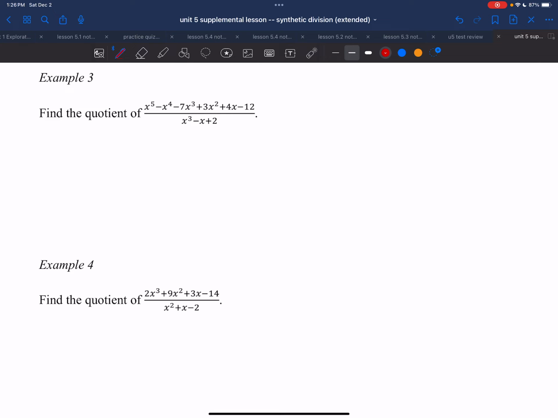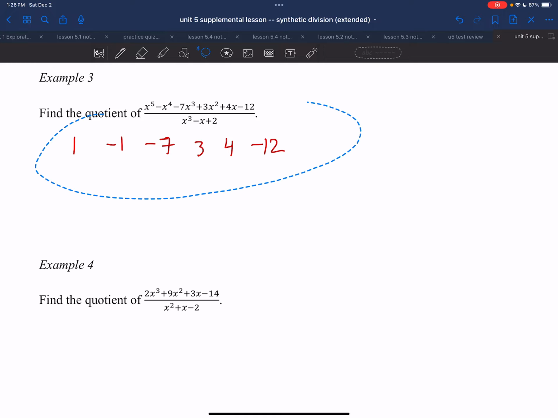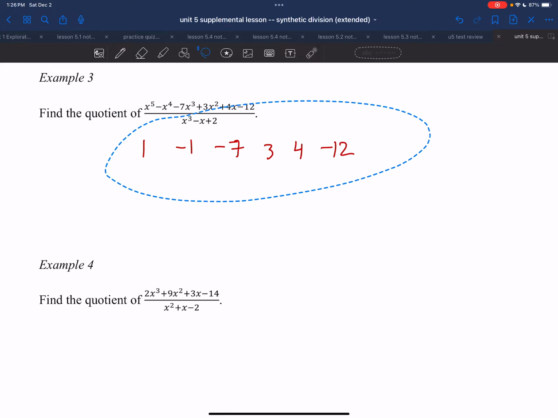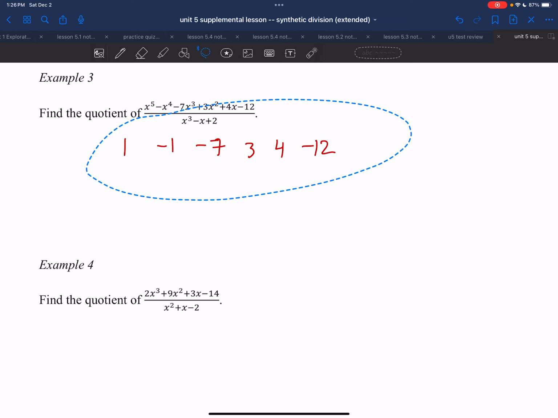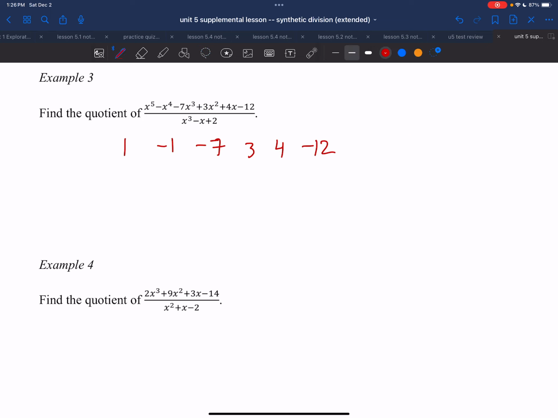So a similar setup. First, the dividend. It is 1x to the 5th minus 1x to the fourth minus 7x cubed plus 3x squared plus 4x minus 12. So that part's the same. Actually, I'm going to lasso this and move it over a little bit because I don't need to be stingy with space.